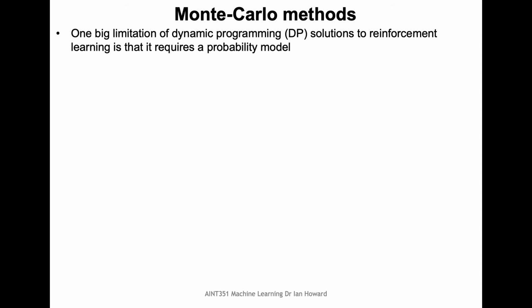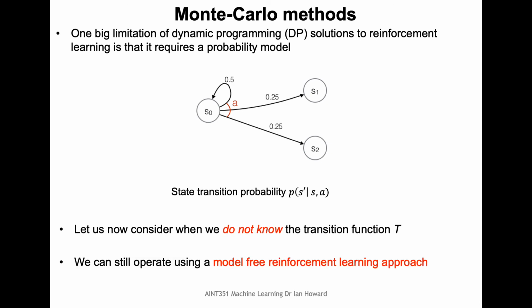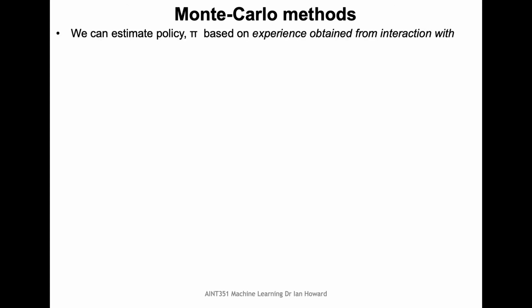Like we said, DP needs this probability model. It needs this model of the state transition probability: what's the future state S prime given the current state and the current action we take? But we don't need that with model-free methods. That's the nice thing about it.